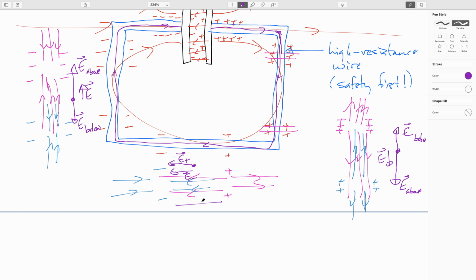So then I will have a net electric field pointing to the left. And in fact, the electric field, even though I didn't draw it this way, the electric field everywhere will be roughly constant. So that's how the charges know how to go around a corner.